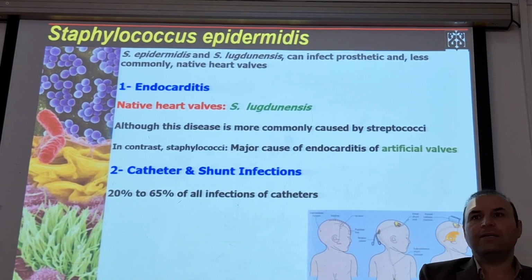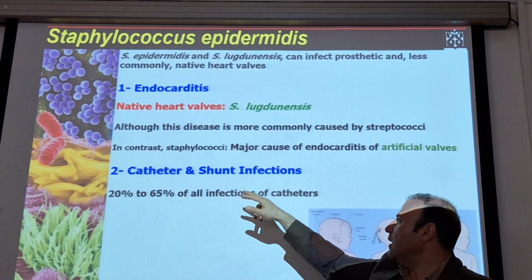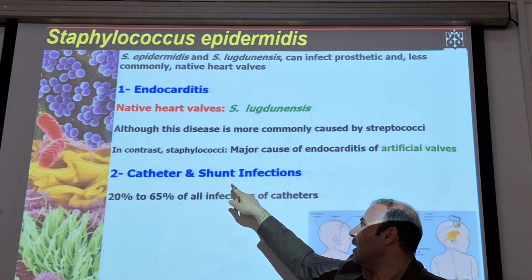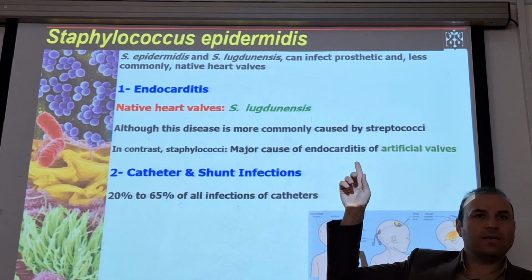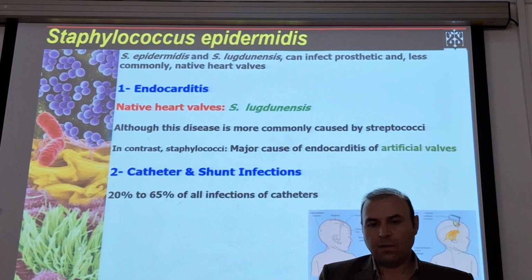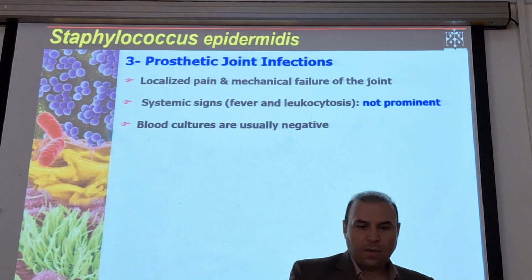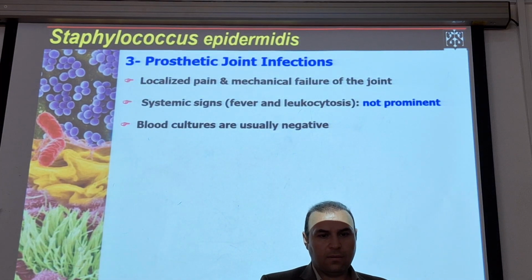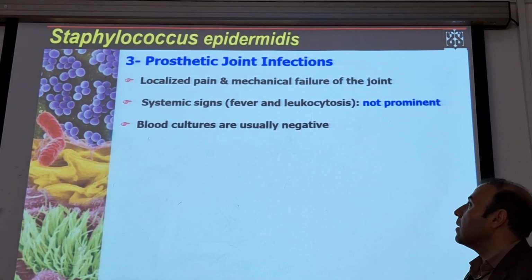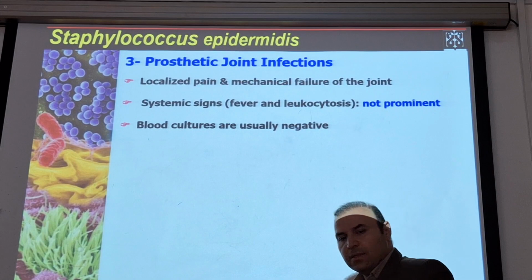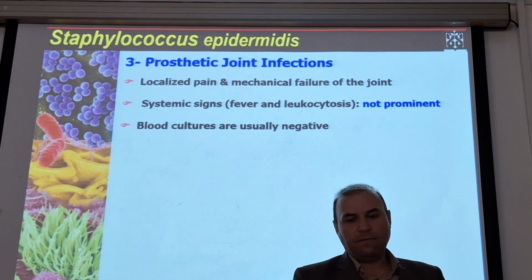More than 50% of all infections of catheter and shunt infections are caused by Staphylococcus epidermidis. Staphylococcus epidermidis is a common cause of prosthetic joint infections.